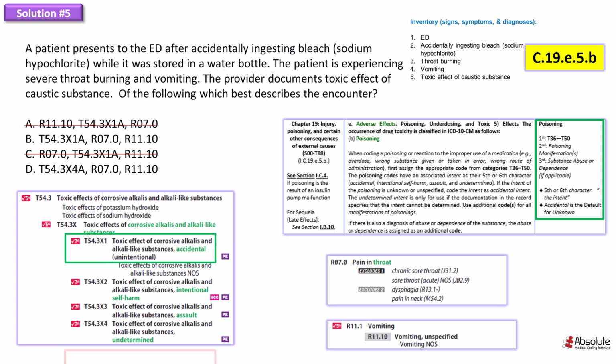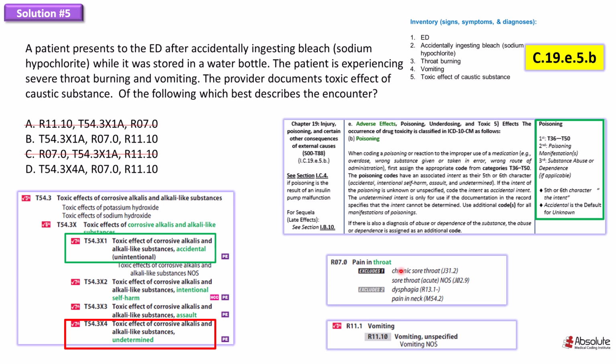That's our code. And T54.3X4, this is toxic effect of corrosive alkalis and alkali-like substances. However, this is undetermined. We already established that this is determined to be an accident, so T54.3X4 is incorrect.